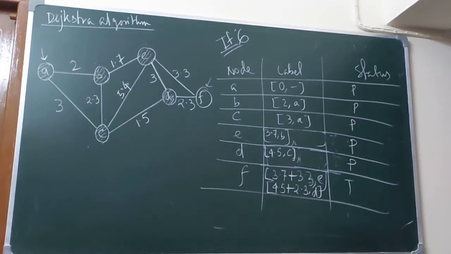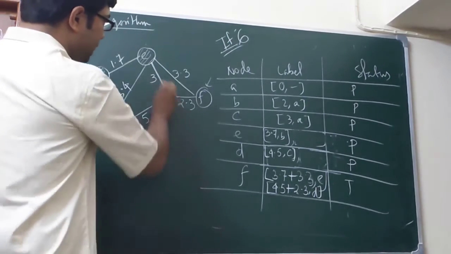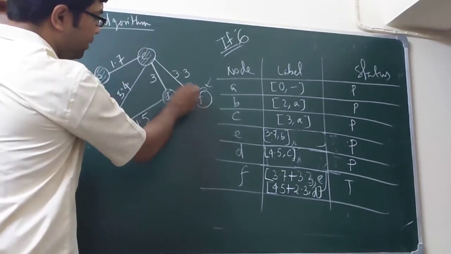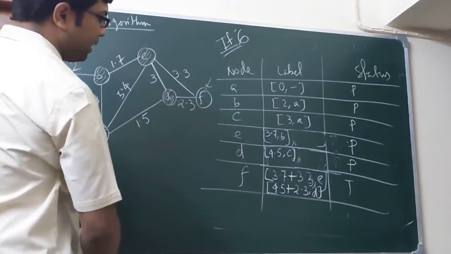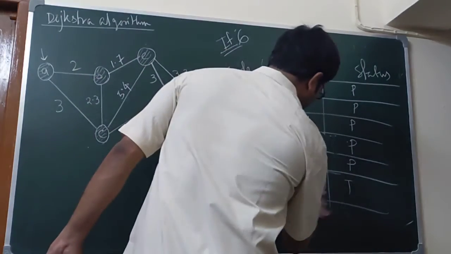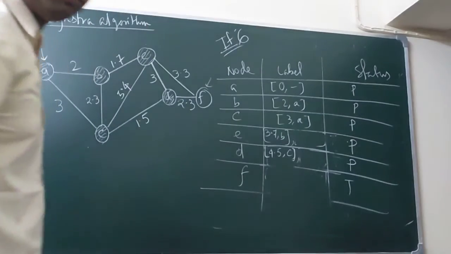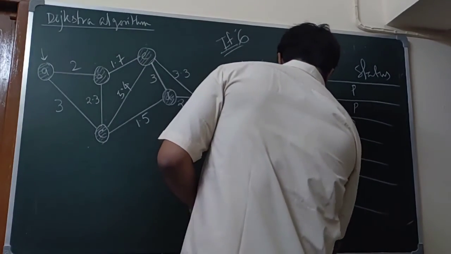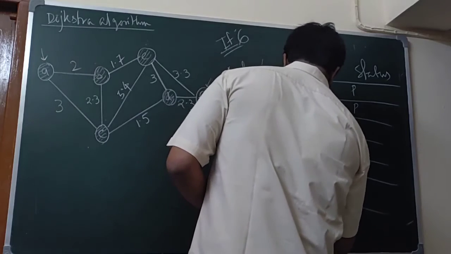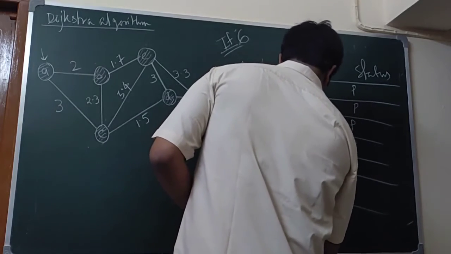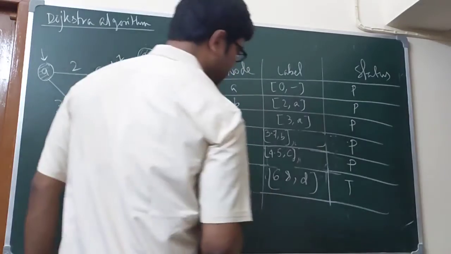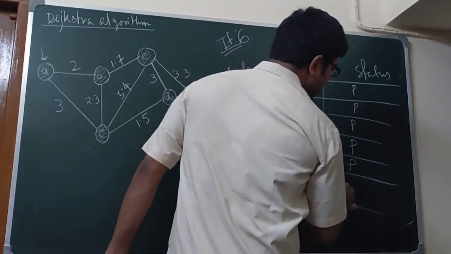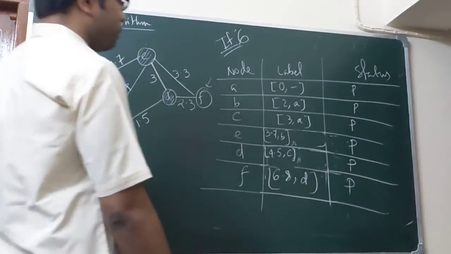So we discard the via E path. The value of F now becomes 6.8, from D.